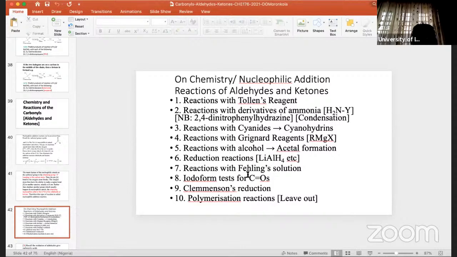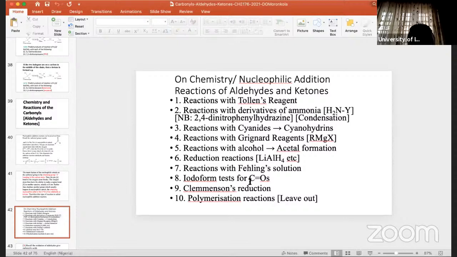Then number 4, also an oxidation reaction with Fehling's solution, which you have in your 191, where you observe decolorization and other things like that. Then your iodoform test, unique for methyl ketones, where you have yellow precipitates being formed, and you dry it and take the melting point of these crystals.